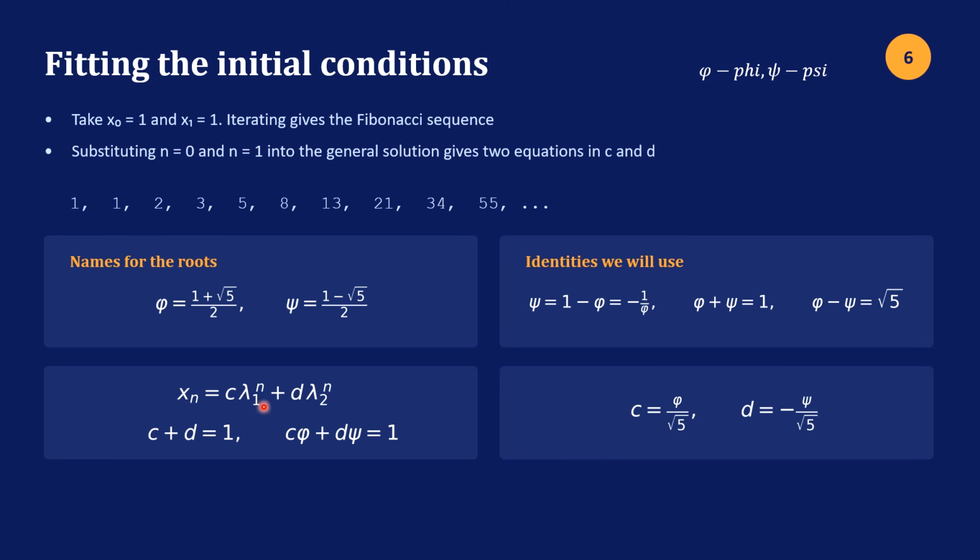And again, I renamed these, so it's just c times phi plus d times psi. So you have these two equations, and it's a matter of doing a little bit of algebra to solve these two. I left out the details, but when you do that, you get c equals phi over the square root of 5, and d equals minus psi over the square root of 5.